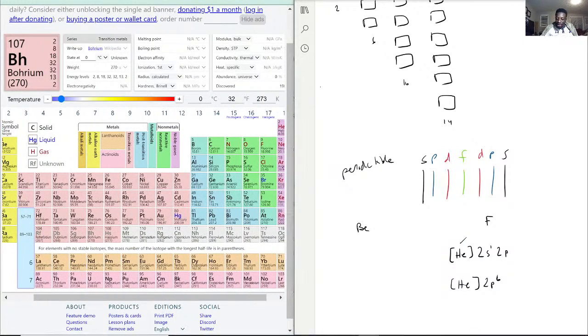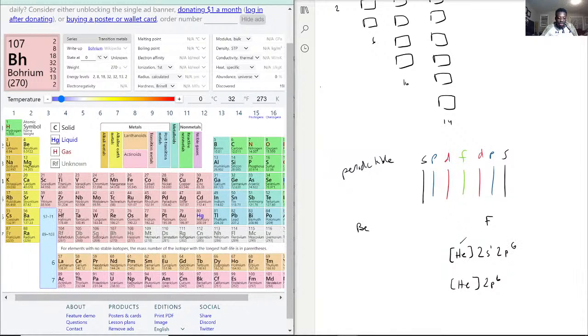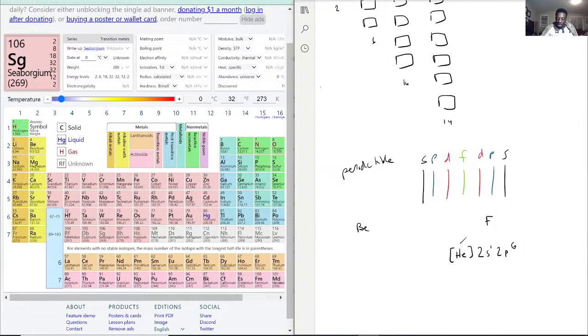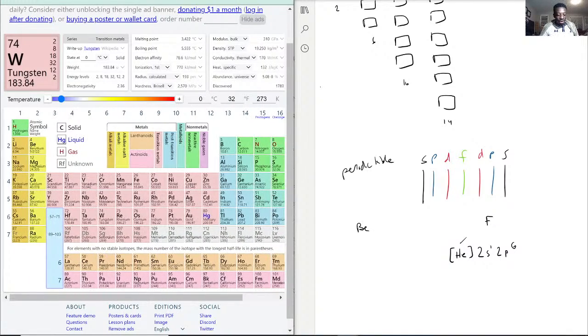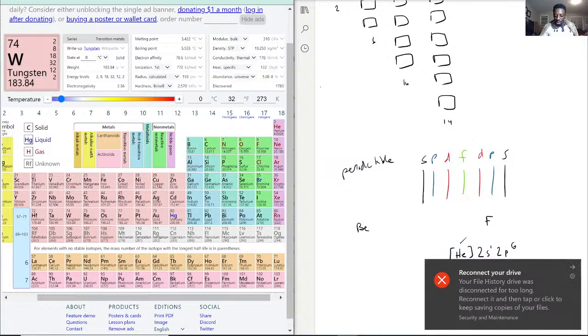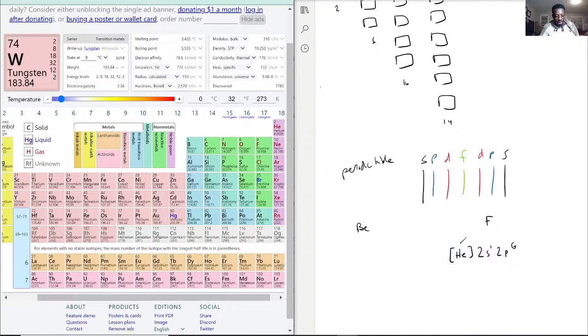No, whoops, sorry, miscounted. It actually is already full. If it was oxygen, that's what would happen there. But I miscounted, so just to make sure, beryllium is 1, boron is 2, carbon is 3, nitrogen is 4, oxygen is 5, fluorine is 6. So this right here will be the electron configuration for fluorine. That's how you'd write it.